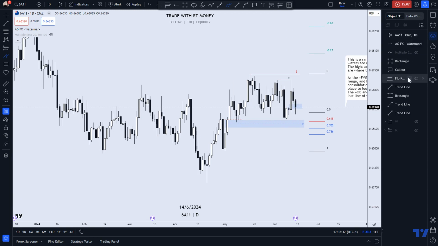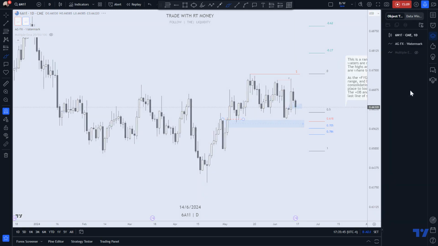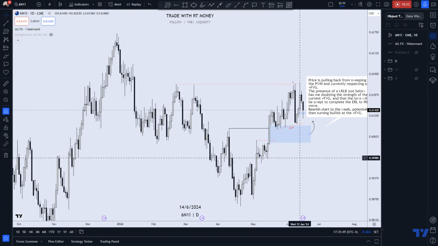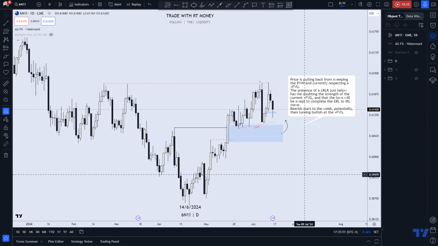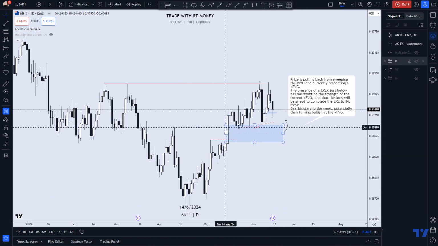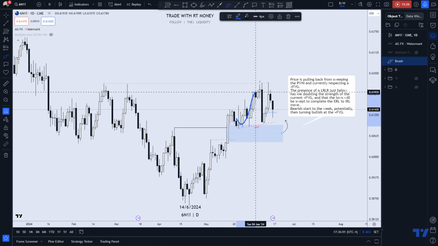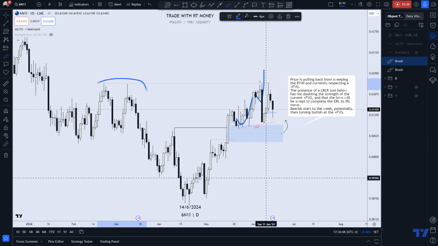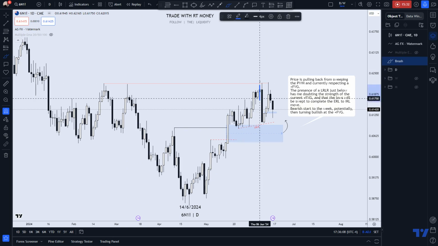I'll move to the next one, which would be the New Zealand dollar. The New Zealand dollar is like the Aussie. You see the break of structure to the upside. You see that price chopped its way up just enough to sweep these highs, relative equal highs, and pull back hard, right?